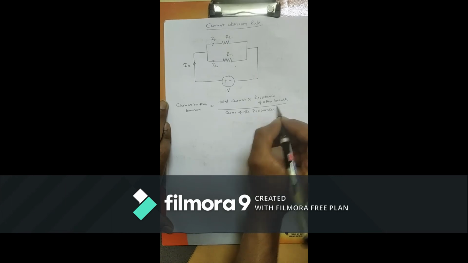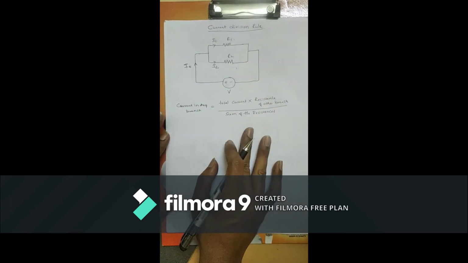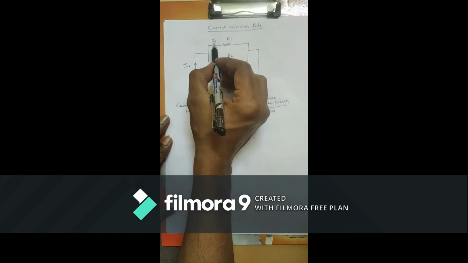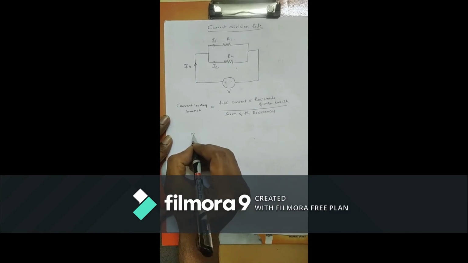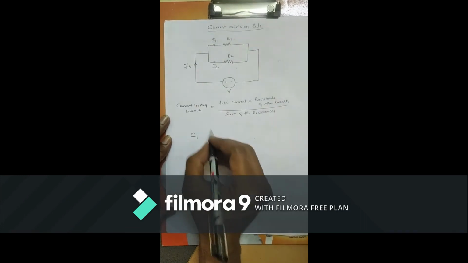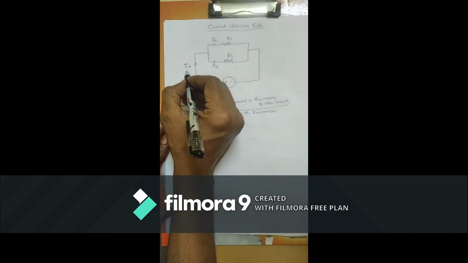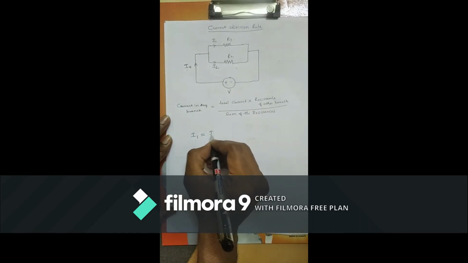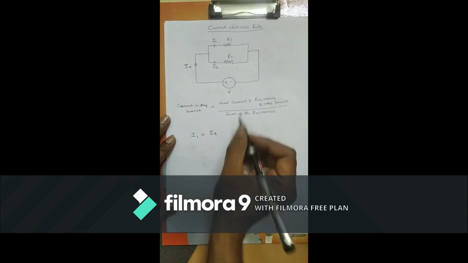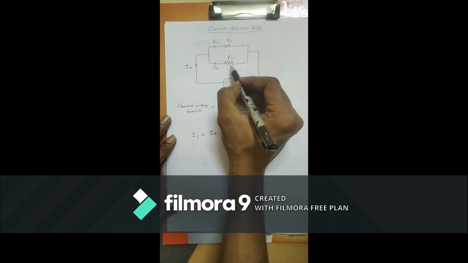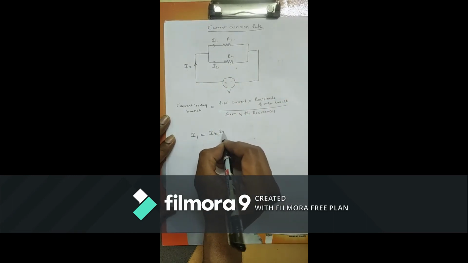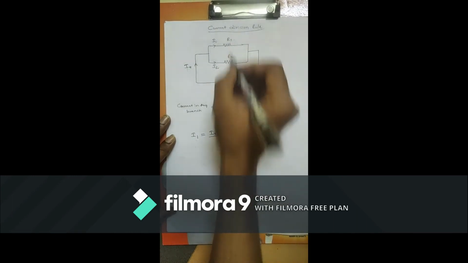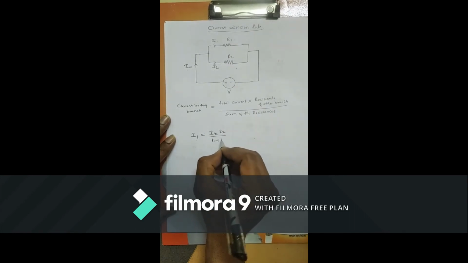Applying this formula to the given network, if we are finding branch current I1, the current in branch R1, I1 is the total current IT times the resistance of the other branch, which is R2, divided by R1 plus R2.